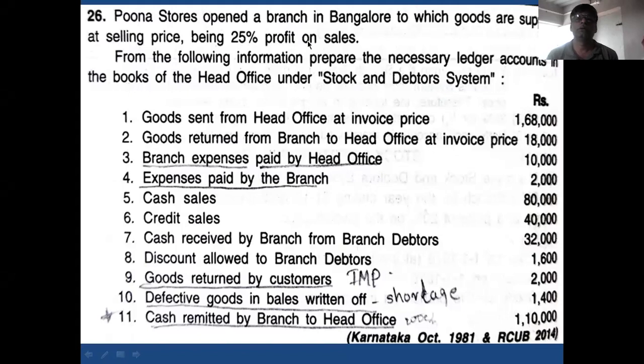That means 25% is the loading, and it is on sales. Sales means invoice price. Therefore, 100 is the invoice price, then the difference is 75. 75 is called the cost price.